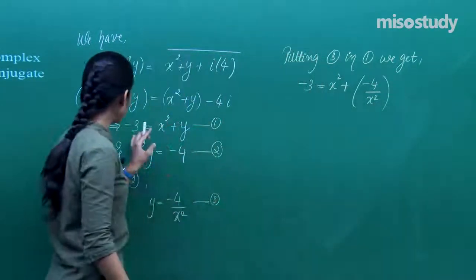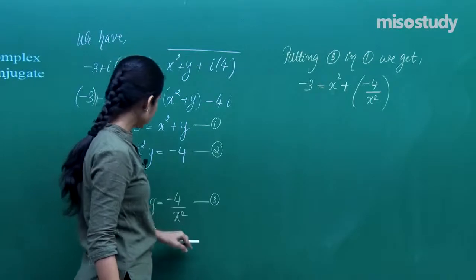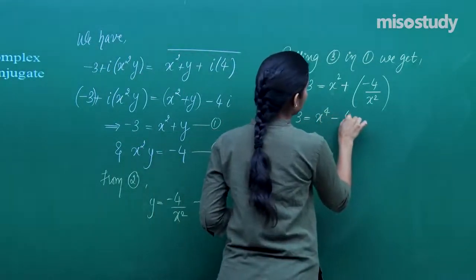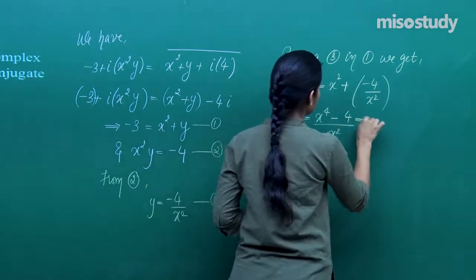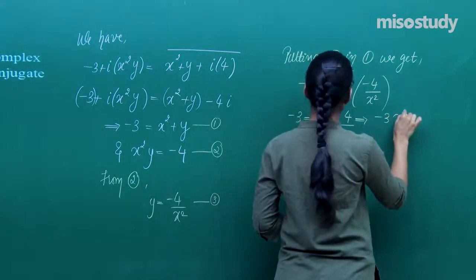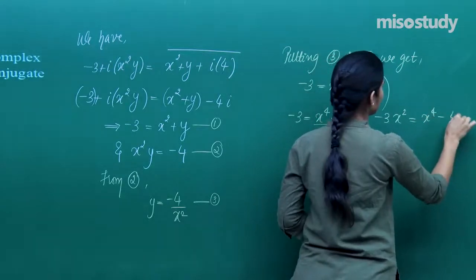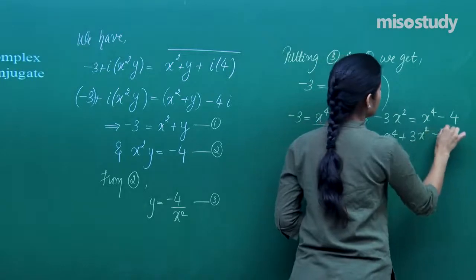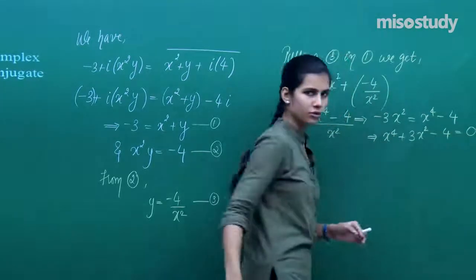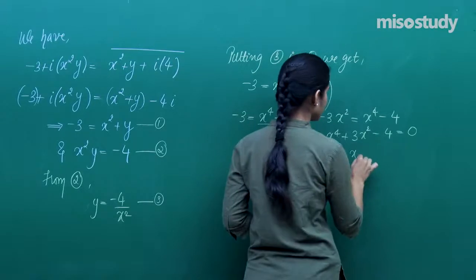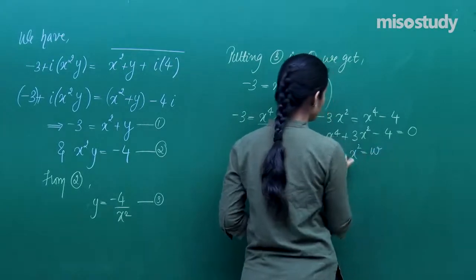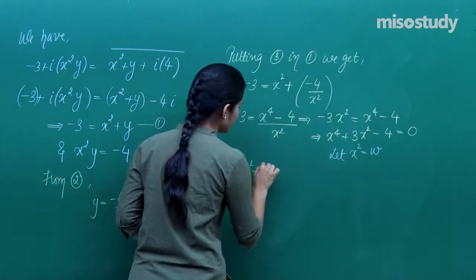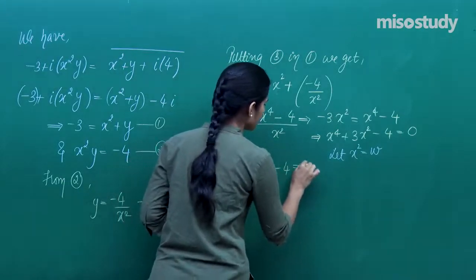So you have minus 3 is equal to x square plus minus 4 by x square. This gives you minus 3 equals x to the power 4 minus 4 whole by x square, which implies minus 3x square equals x to the power 4 minus 4, which implies x to the power 4 plus 3x square minus 4 equals 0. If for the time being you write x square as w, you actually get w square plus 3w minus 4 equals 0.